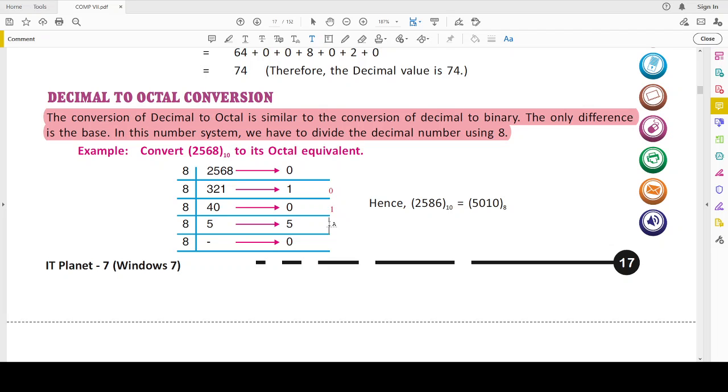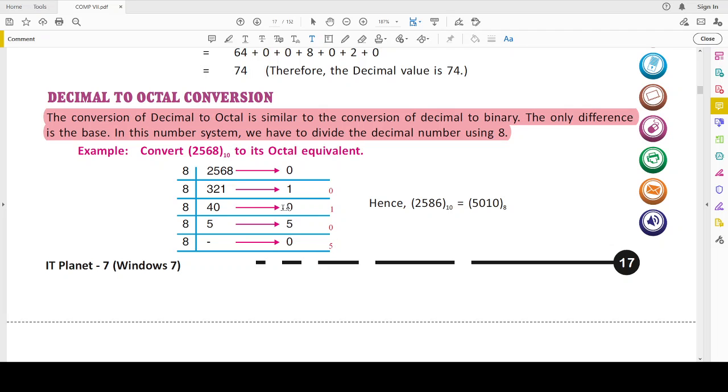The remainder is 0, right? 5 8 is 40, there is no remainder, 0. Again, you divide 5 by 8, you get a 0 over here, and 5 is brought over here, right? So this will be your correct form of remainder.